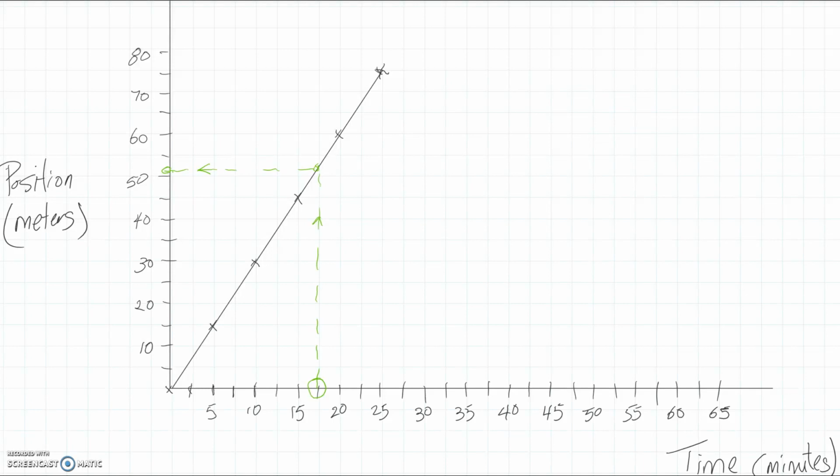Again, we might have to estimate that. So for question 1, we would say approximately 51 meters. So that's how we would answer that question.